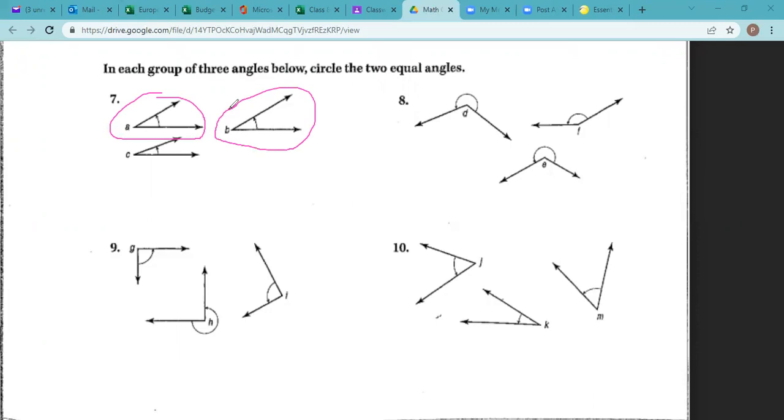Now number 8, when we look at this for number 8, we have D and E. Those are equivalent or equal angles, okay? If I extend this arm, that would be 180 degrees right there. We know that it's more than 90 degrees, but it's less than 180.